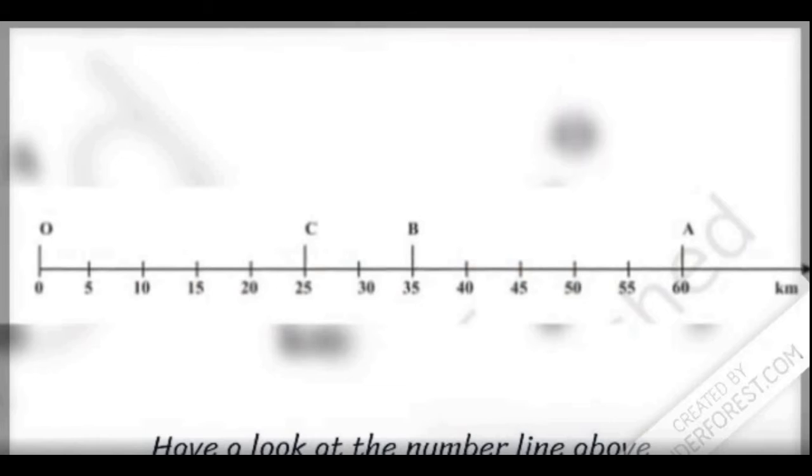However, the distance covered in this journey is OA plus AO, that is 60 kilometers plus 60 kilometers, which is 120 kilometers. Thus, two different physical quantities, the distance and the displacement, are used to describe the overall motion of an object and to locate its final position with reference to its initial position at a given time.